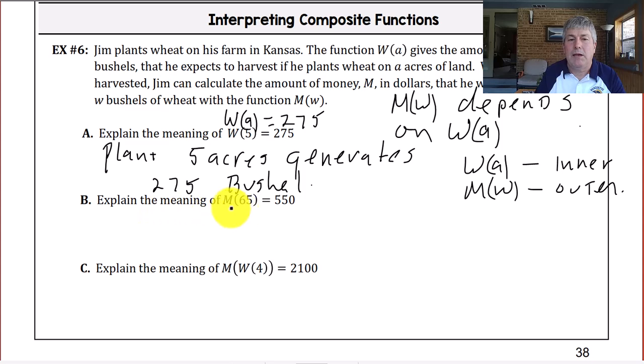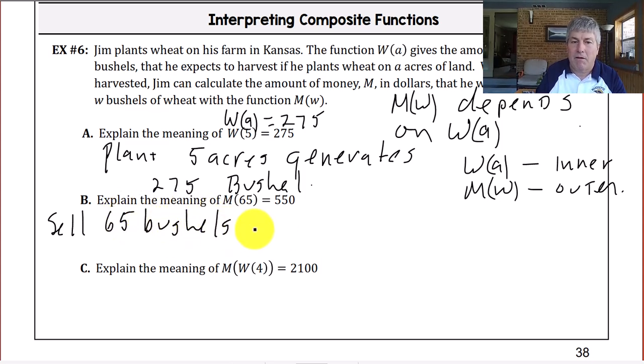Explaining the meaning of m of 65 equals 550, well, this means our input in m is the amount of bushels. So this would mean sell 65 bushels and earn $550.